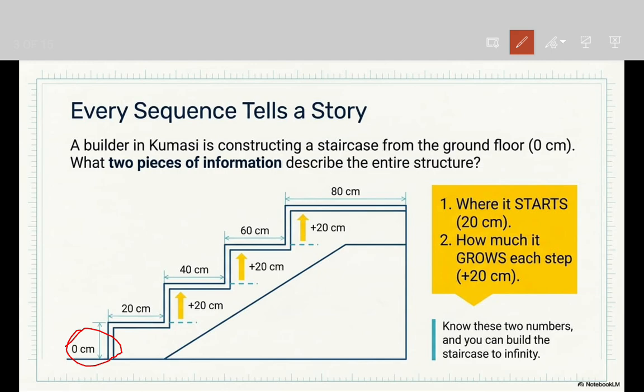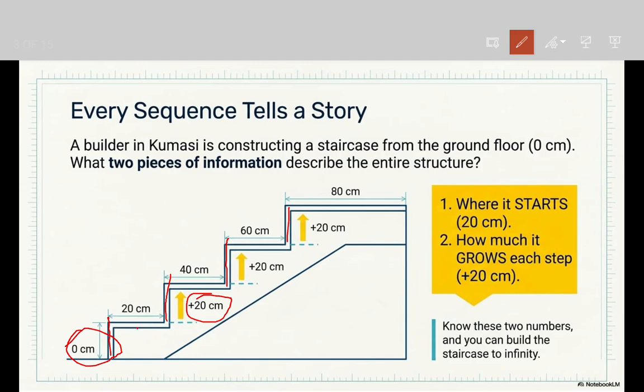And that height is 20. So this 20, 20, 20, 20. So know these numbers and you can build the staircase to infinity.